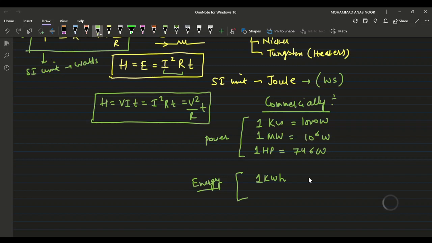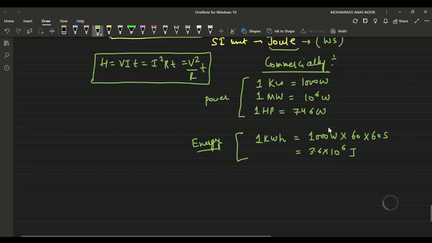If you want to find how many joules it has, you can just substitute the values. So 1 kilowatt hour would be 1 kilowatt is 1000 watts, and 1 hour is 60 minutes, and 1 minute is 60 seconds. Now we have converted into watt second, which is joules. So this would be 3.6 into 10 to the power 6 joules. And this 1 kilowatt hour is also called 1 unit of energy.